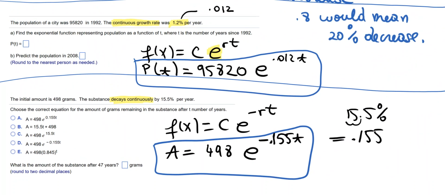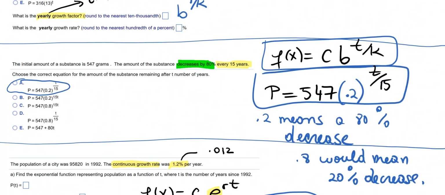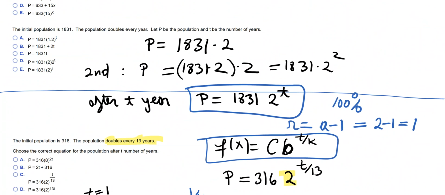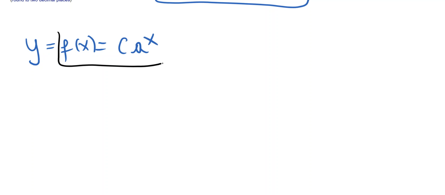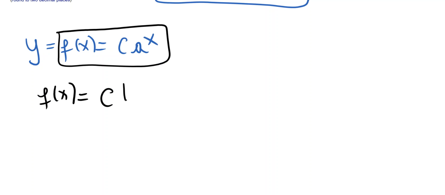Okay, so basically we have how many types? I would say just these types. So you'll have your regular one, which is y or f of x equals c times a to the x. And then you have the f of x equals c times b to the t over k.